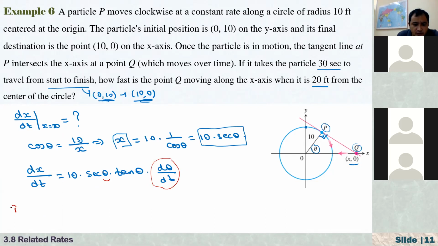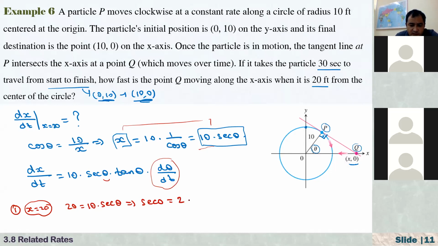Number one, when x equals 20, from this relationship, 20 is equal to 10 times secant of theta. From here, secant of theta is equal to 2. Since I know the value of secant of theta, I can get the value of tangent of theta.